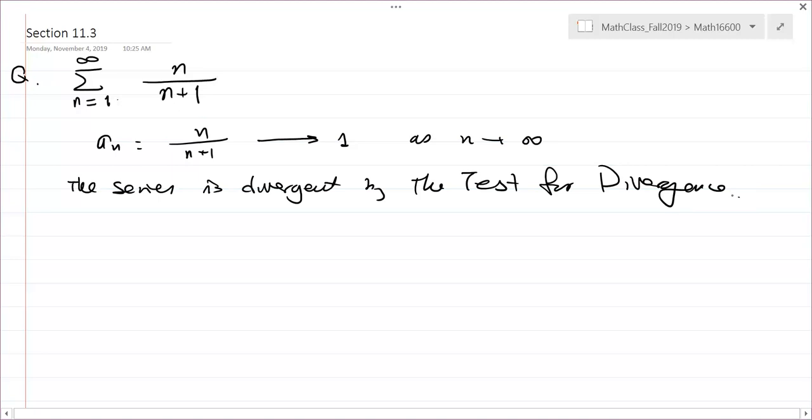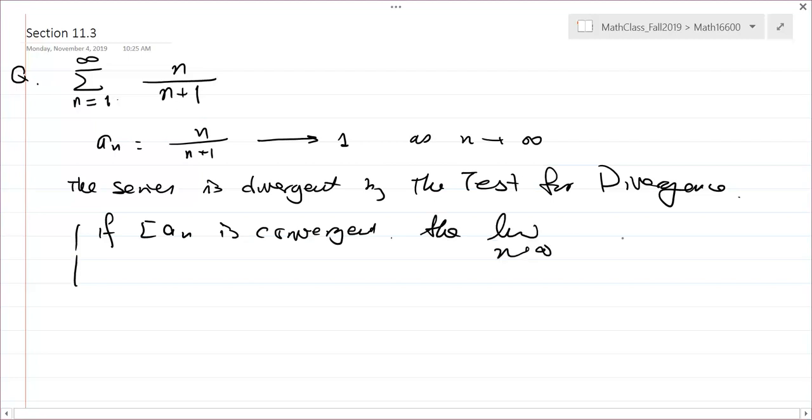The evidence is the limit of the nth term. You provide this as evidence, then you quote the theorem or test to get the conclusion: it is divergent. Now, what is the test for divergence? The test for divergence says that if a series is convergent, then the limit of the nth term is 0.